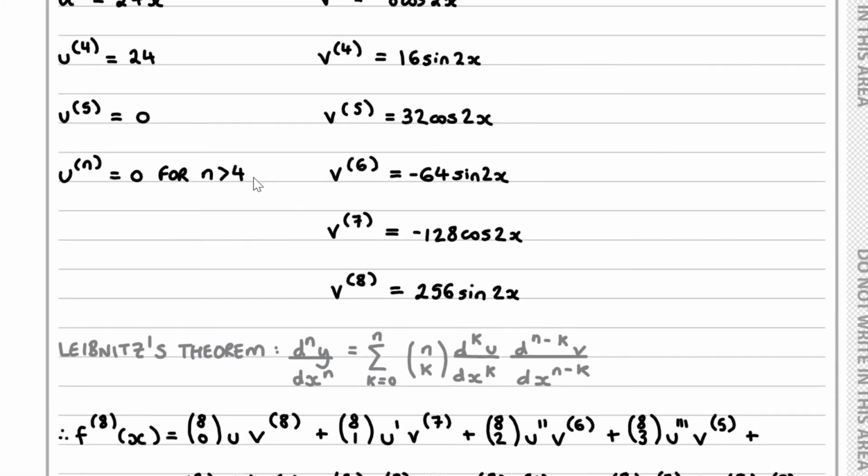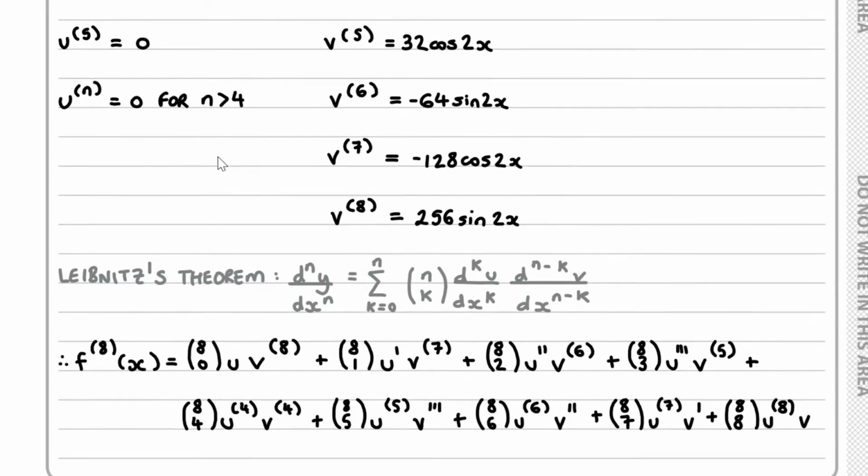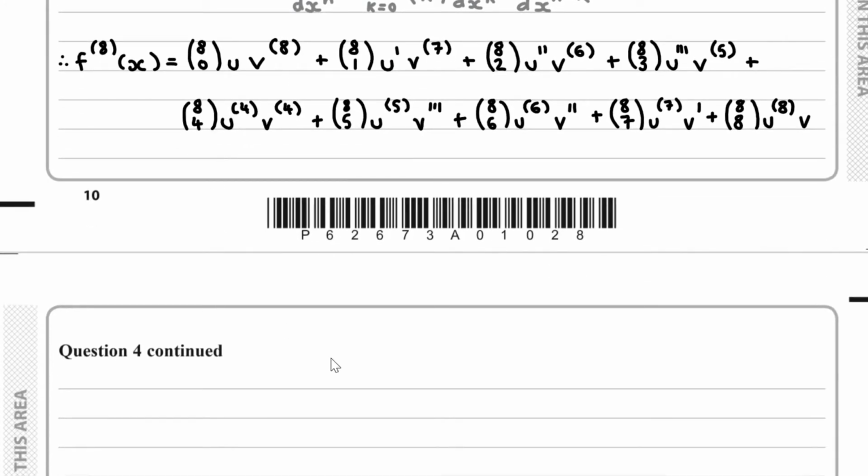Now, we know already that the nth derivative of u is equal to 0 for n being greater than 4. So, if we think about it, the last terms will all be 0.